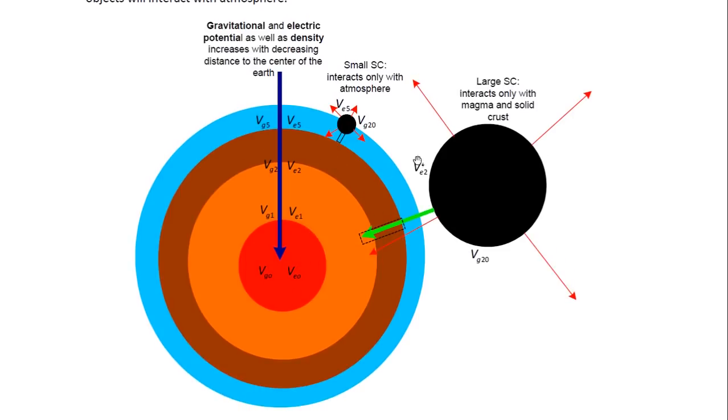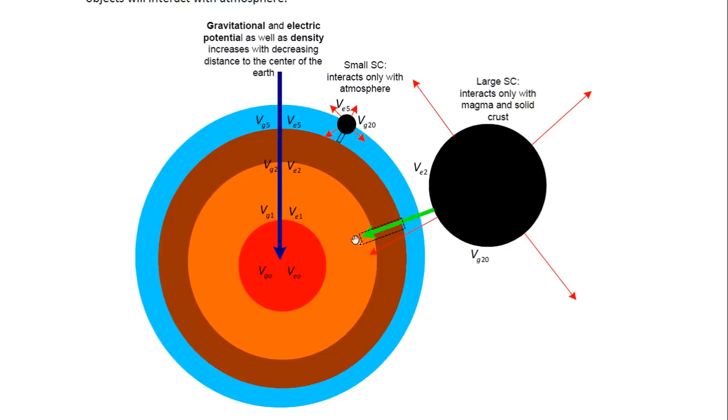So that means that the larger objects interact with matter that has a higher potential, and that matter is found deeper within the Earth. So a large stellar core that produces these sinkholes will have, say, an electric potential VE2, which is equivalent to matter, which is the crust and the top of the mantle, the magma that's found at the top there.